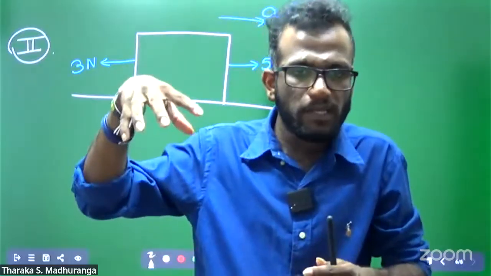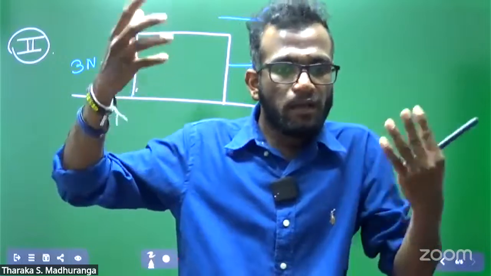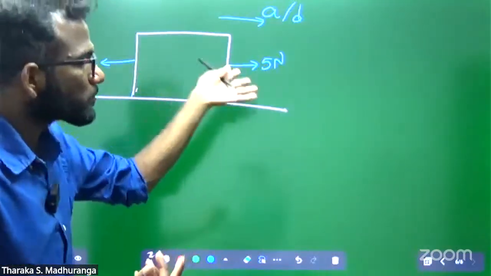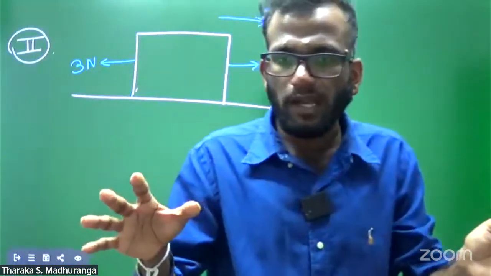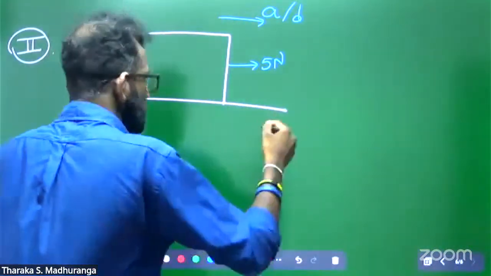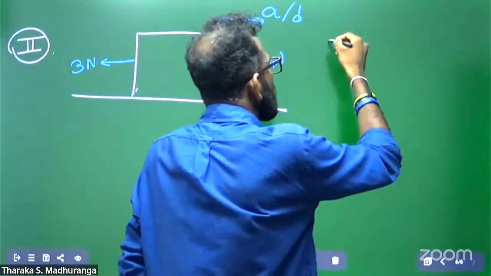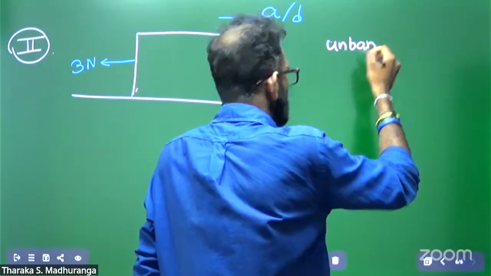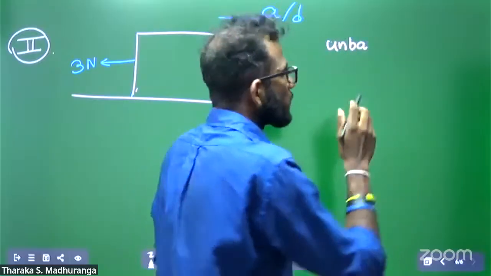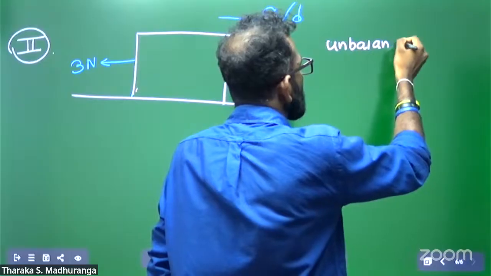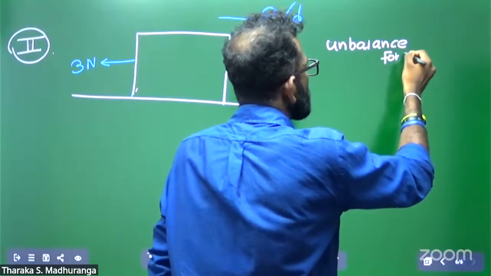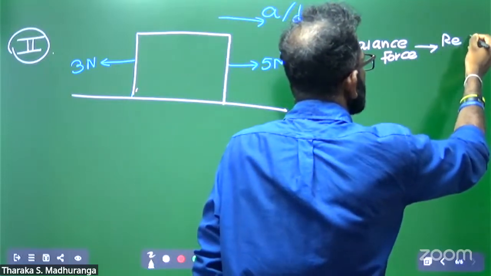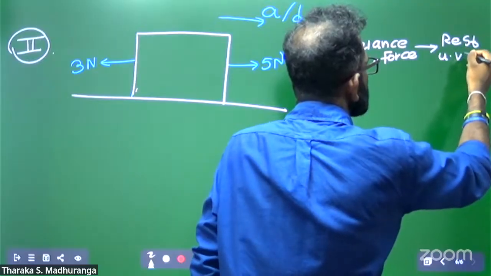So commonly, if there is an unbalanced force on any object, the object is accelerating. That's the point you need to understand. Remember, if there is no unbalanced force, the object is at rest or at uniform velocity.